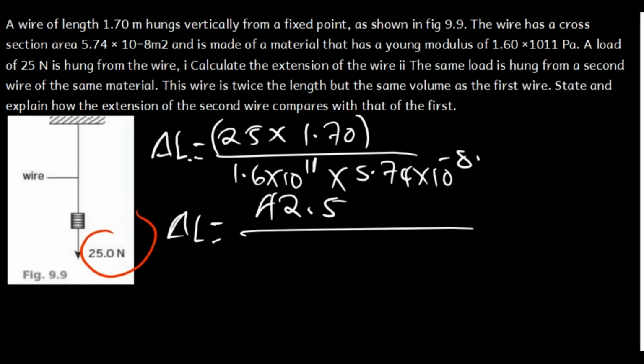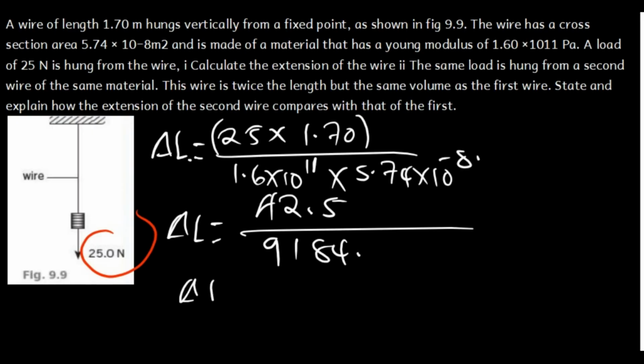Then down there, 1.6 exponent 11 times 5.74 exponent negative 8, I'm getting 9184.